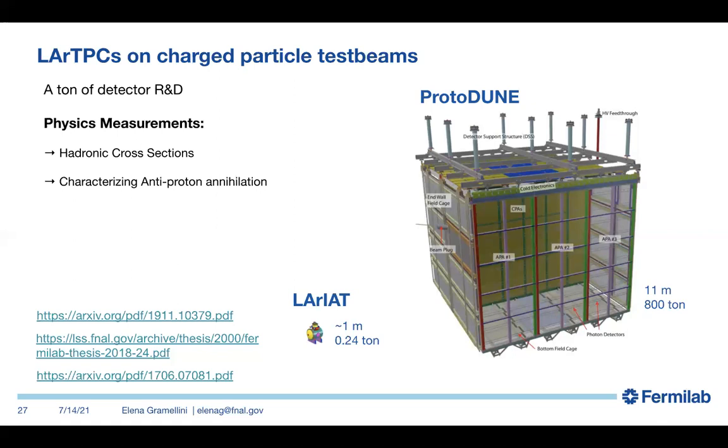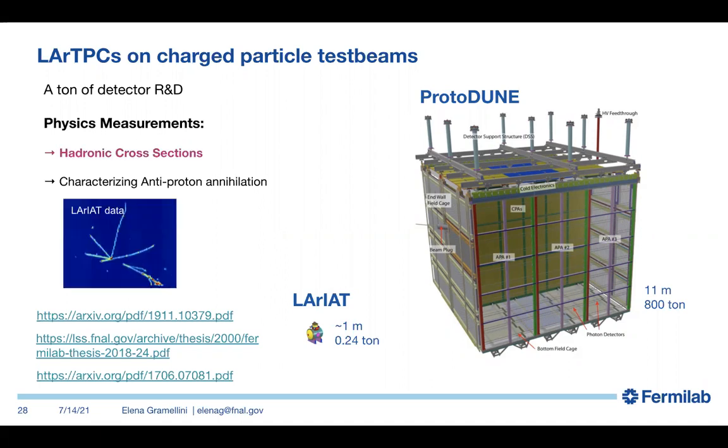So you are trying to characterize, again, what is the probability of interactions of your protons, of your pions, of your kaons in liquid argon. On top of that, in some cases, for example LArIAT, you can also do antiproton annihilation. So you can study what antiprotons are doing in argon, and we're going to talk about them again towards the end of the talk.